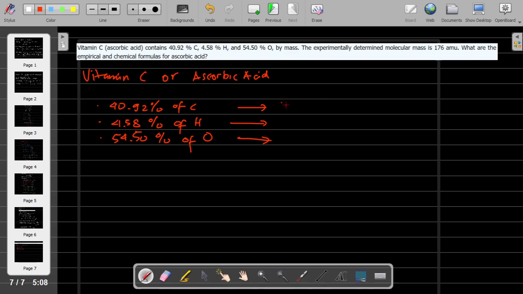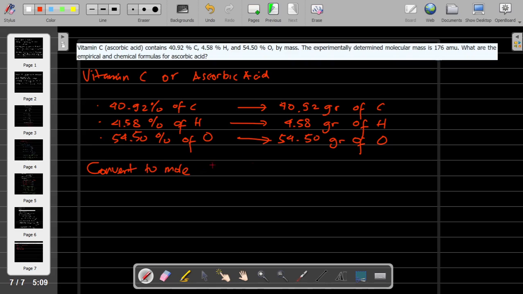So for the carbon we have 40.92 gram of C, and then 4.58 gram of hydrogen, and then 54.50 gram of oxygen.